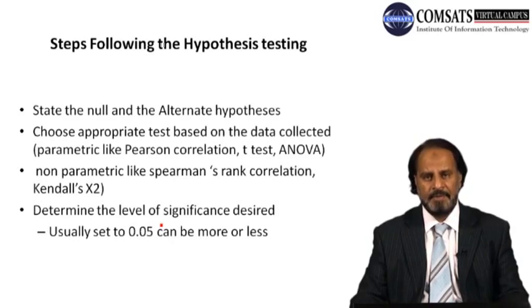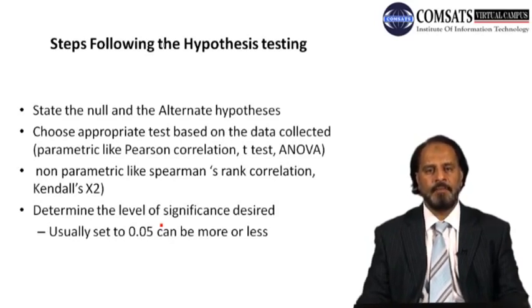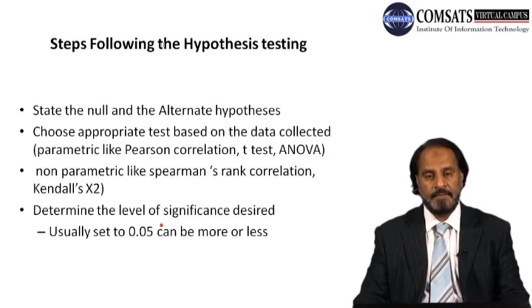But by looking at the statements also, we could more or less get an idea of what kind of tests we can apply. Some of these tests are parametric tests, such as the Pearson correlation, the t-test, and the ANOVA test, and then there are certain non-parametric tests like Spearman rank correlation, Kendall, and chi-square tests, which could be applied on the data collected.